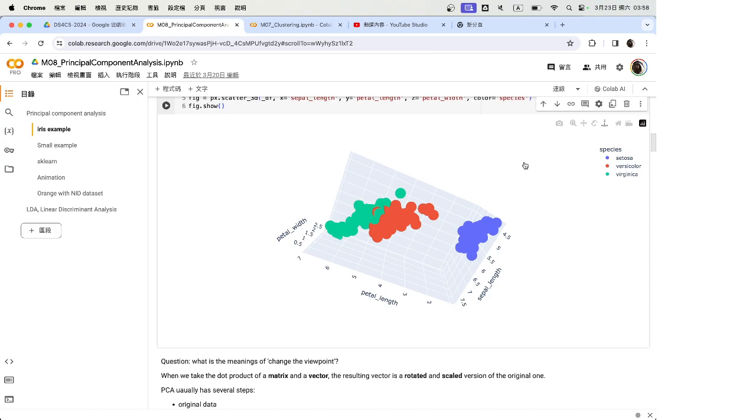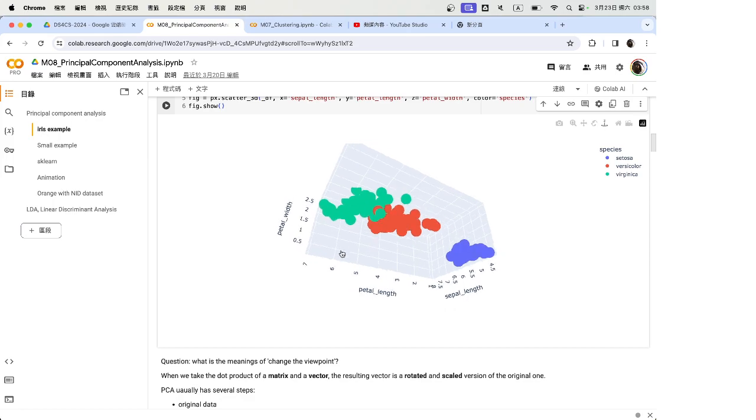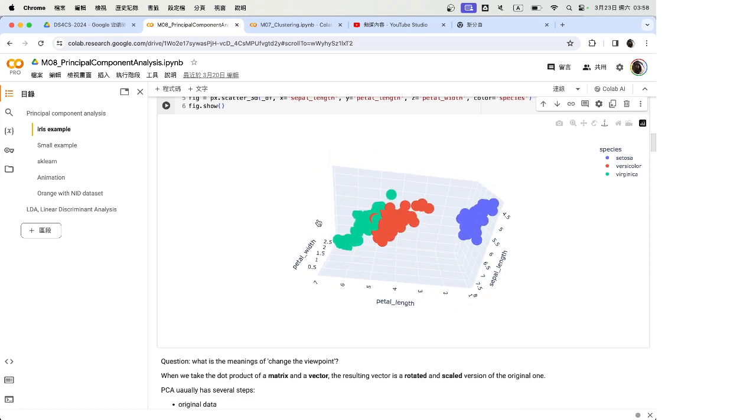On the new x axis or new y axis, the data points spread widely in the new plane, so we can distinguish the data points of different classes, taking the iris data for example. So that is the new axis we prefer.